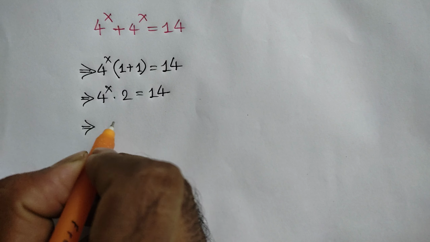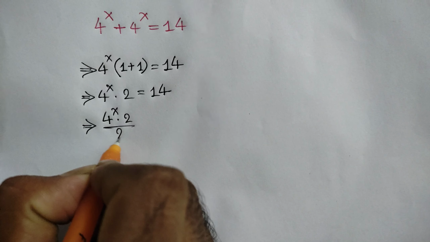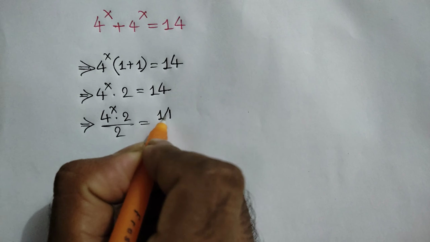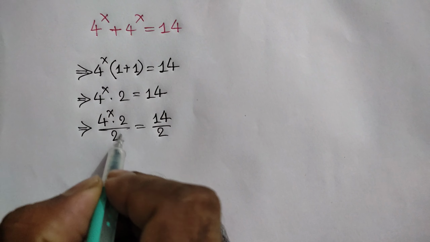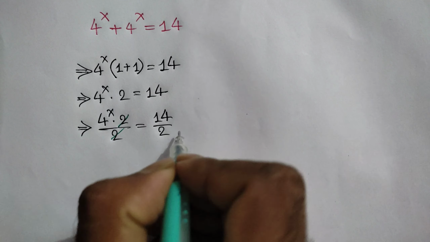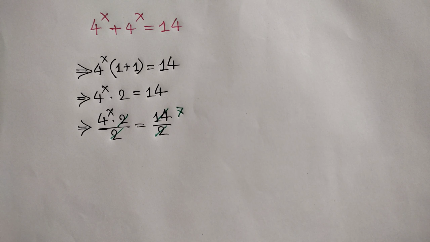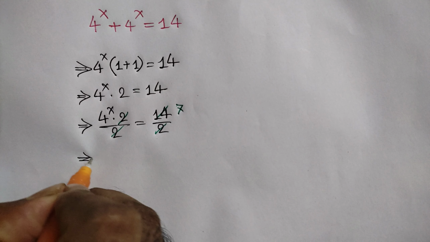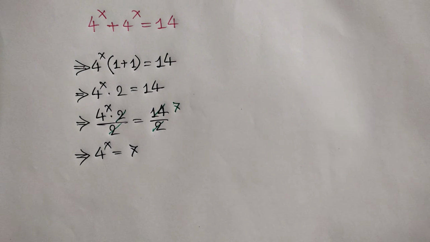Now divide both sides by 2: 4 to the power x times 2 over 2 is equal to 14 over 2. This 2 cancels out this 2 and here we will get 7, so we get 4 to the power x is equal to 7.